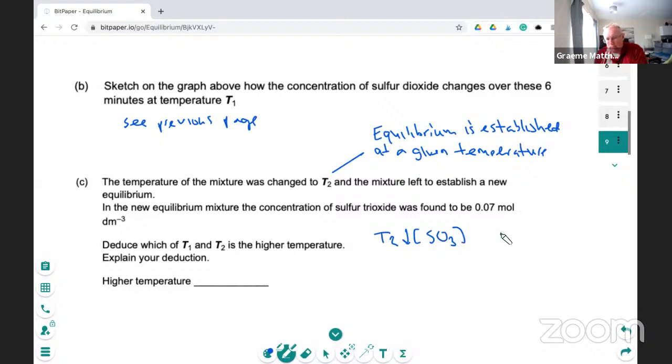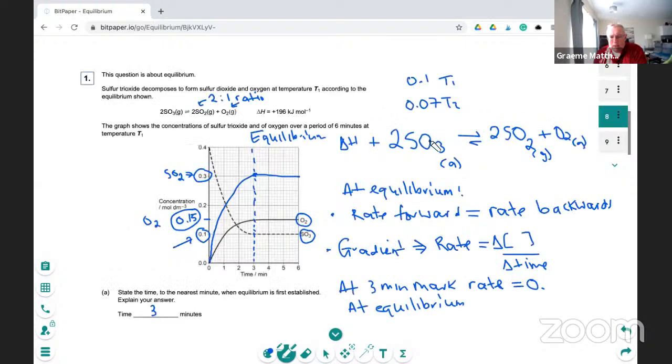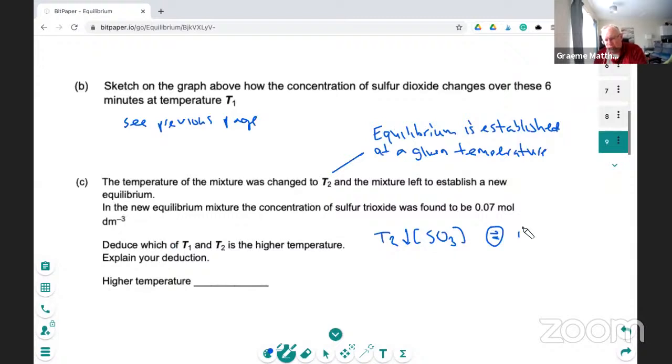So therefore, this means that the equilibrium position, well, let's take a look. If I got less of this, then I move my equilibrium over to the right-hand side. So my equilibrium position has moved over to the right-hand side, forming more products and less reactants.